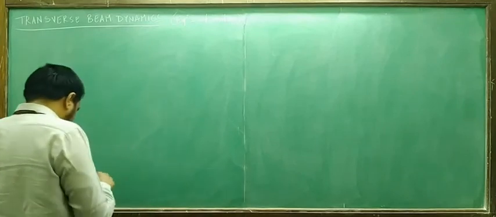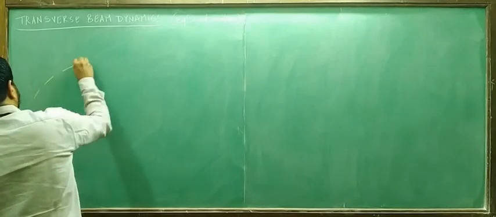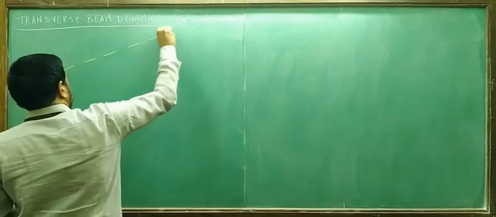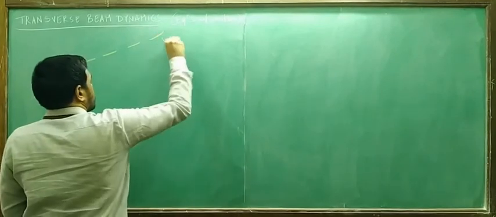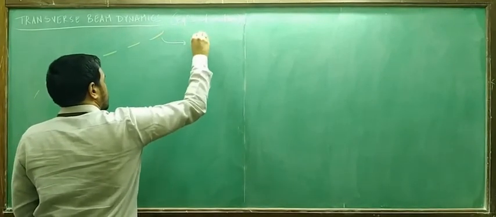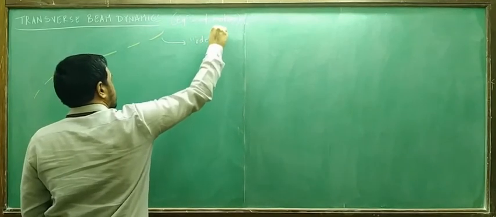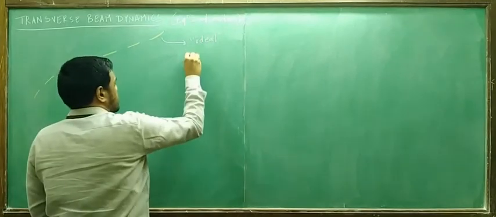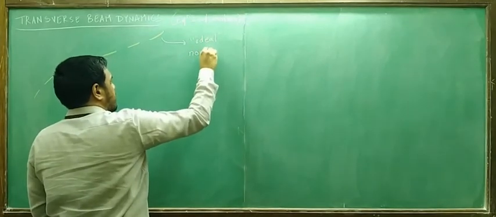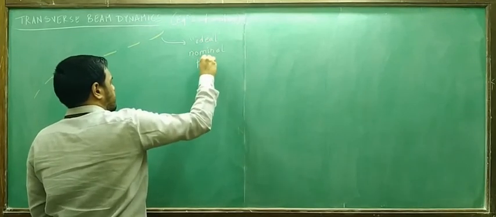and accordingly in those coordinates we will write the equations of motion. So our primary consideration has to always be that there will be a design path or design trajectory within the accelerator, the so-called ideal path. In the context of accelerator physics, the term used for this ideal path is the nominal path or nominal trajectory.